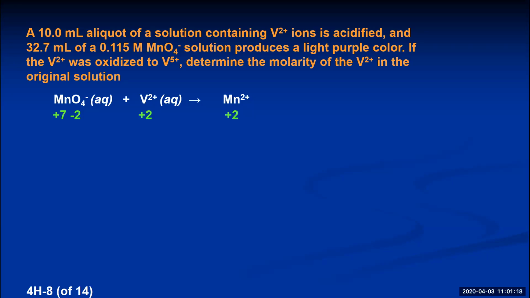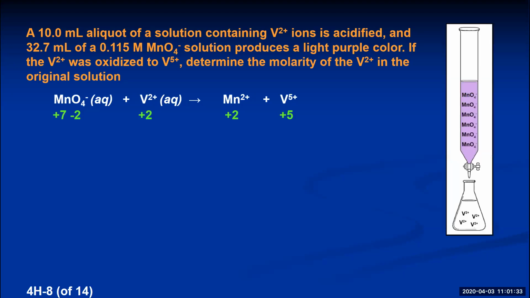So the permanganate gets reduced, it's going to make something get oxidized, and the problem told you what happens because you may not be able to predict this, but the vanadium plus 2 would be oxidized up to a higher oxidation state of +5. This is an oxidation reduction reaction. So the way you'd set that up is you would put the solution with the vanadium 2 ions in the bottom, and you would put in your burette the potassium permanganate, which I've labeled here as purple.